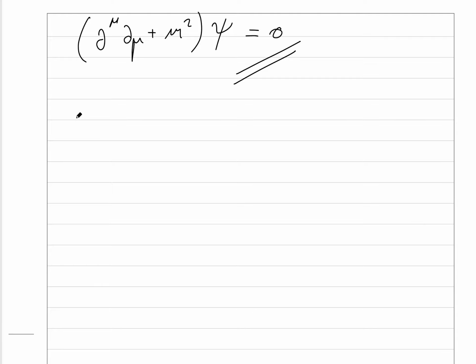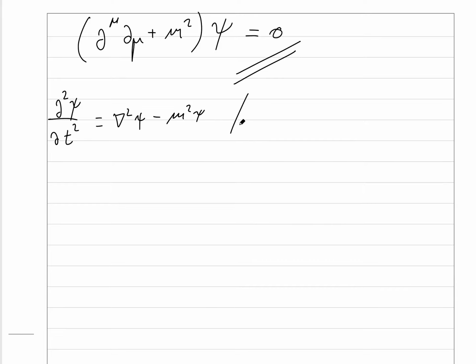But we can start with the equation. So we have partial squared psi partial of t squared, which is equal to del squared psi minus m squared psi.